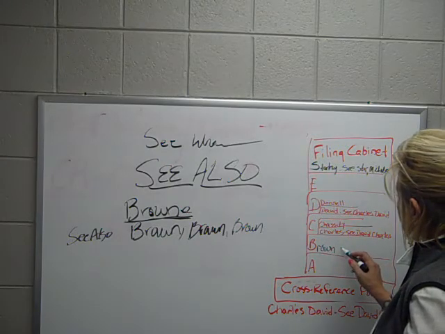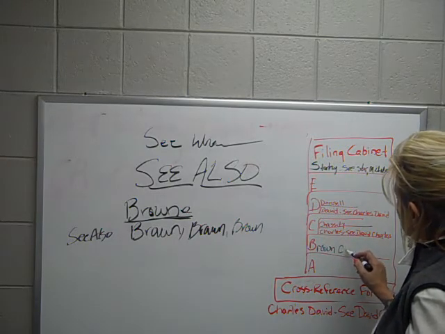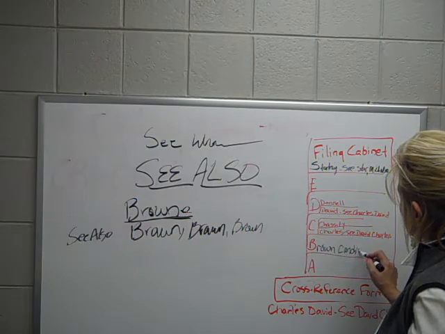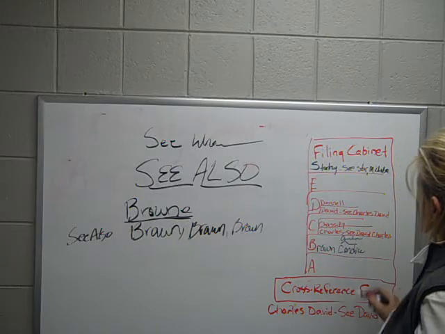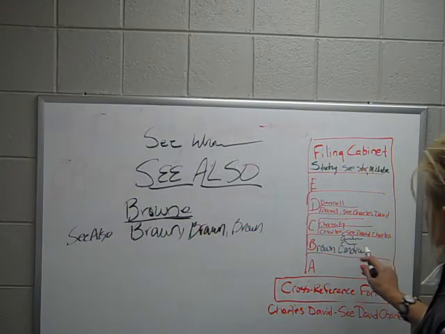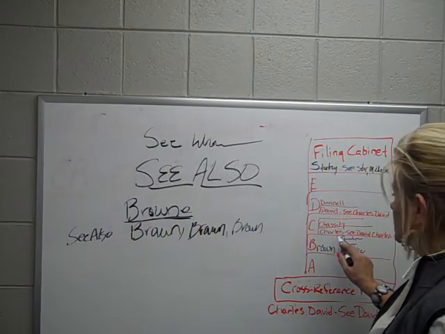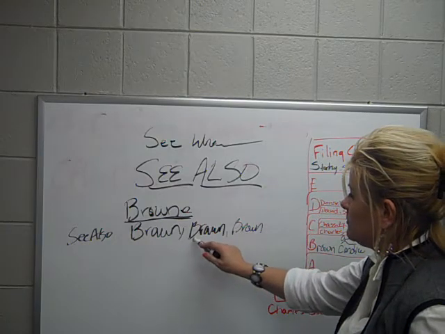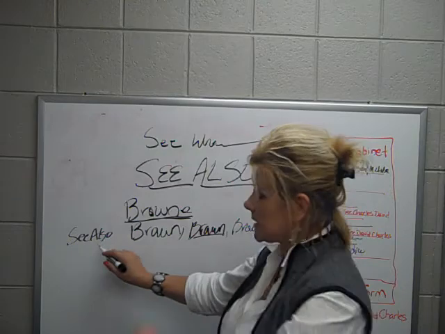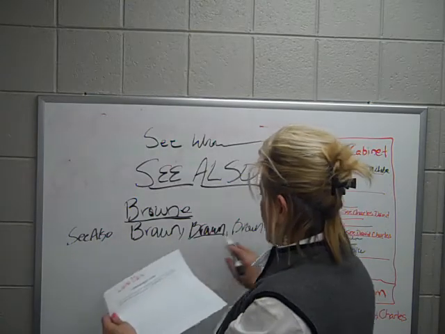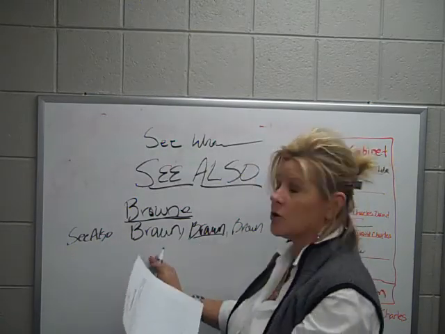And, you know, we've got Candace, something else, and then Charles here. But maybe it's not the right Charles Brown. Maybe his last name is spelled B-R-A-U-N. So then we have to make sure we look at this cross-reference to find the correct Charles Brown.